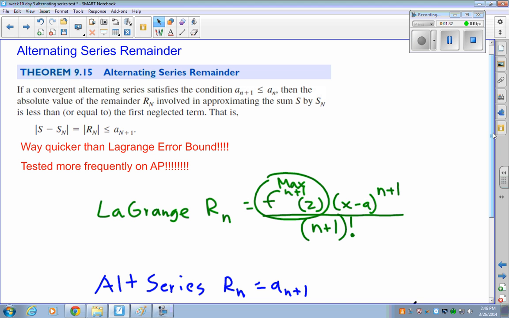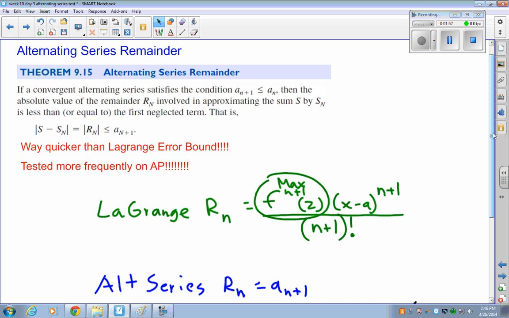Then you had to pick not just the value for it, what's the largest that thing could ever be on a certain interval. Do you guys remember all the work for that? So you had to find the n+1 derivative, then pick the biggest value of that n+1 derivative to set up your bound. Do you agree? It took a lot of work to get that thing.